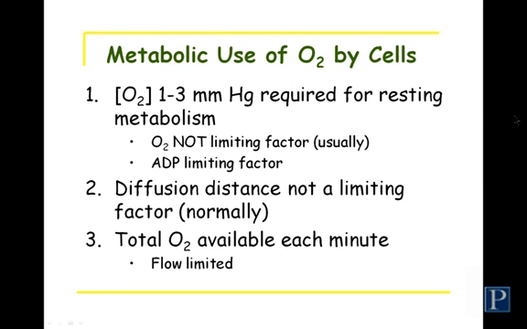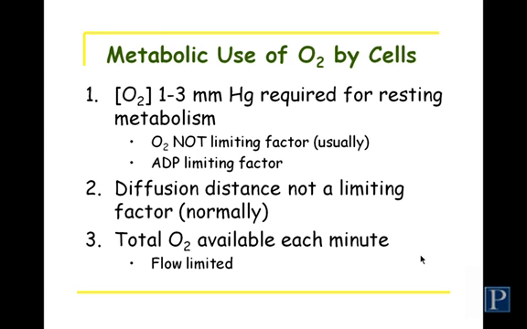Now, the cells themselves don't really, believe it or not, need a heck of a lot of oxygen, considering. So it says here we need about 1 to 3 millimeters of mercury of oxygen for resting metabolism. And the way our bodies have been designed, in most cases oxygen is not a limiting factor.